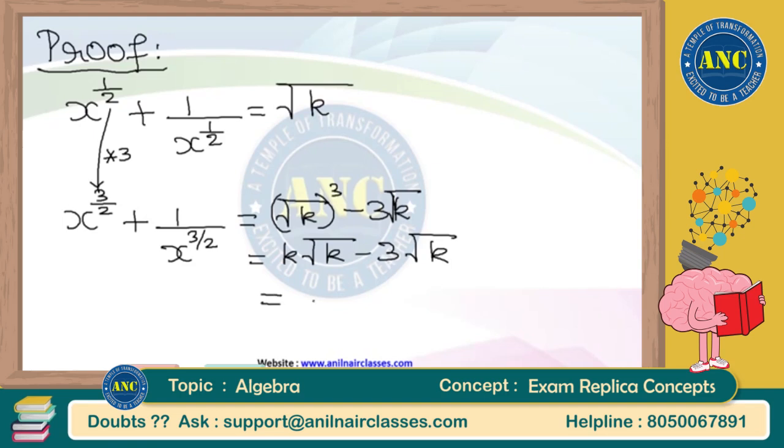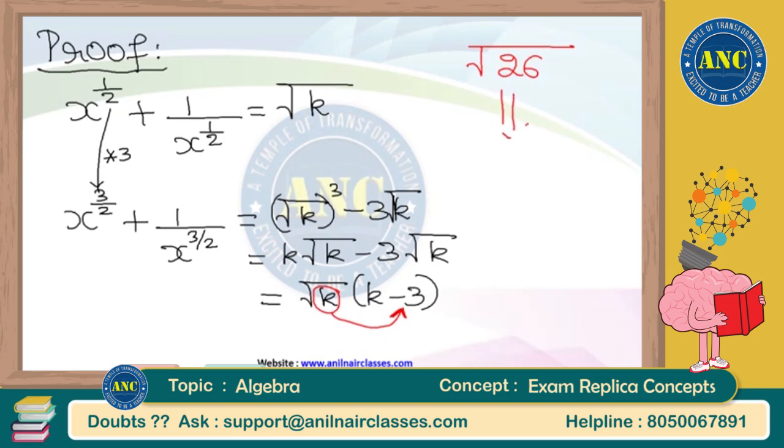If I take root k common, it becomes k minus 3. That means whatever number is present inside the square root, subtract 3, and that will be the multiplying factor of that square root of k. That means if it is root of 26 inside the square root, your final answer in this case will become 23 into root 26. I hope you are understanding, sir.